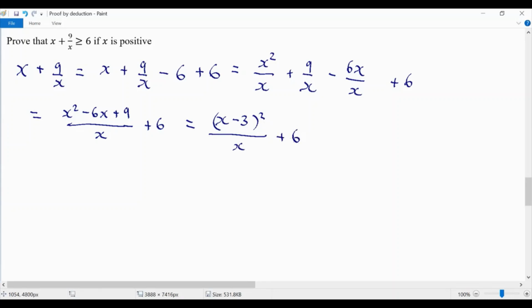And now we've got all the things we need to be able to show that our original expression was greater or equal to 6, because we can now start by justifying that x minus 3 all squared has got to be greater or equal to 0, because anything squared is greater or equal to 0 if we're dealing with real numbers.